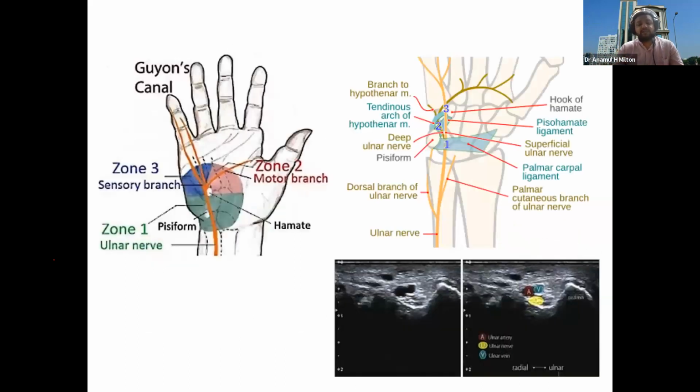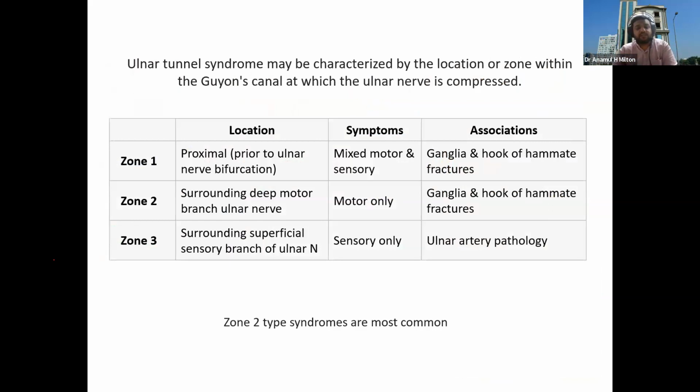And there are three important zones for entrapment of this ulnar nerve. The first important area is the pisiform. Here, before the bifurcation, the main ulnar nerve is entrapped.